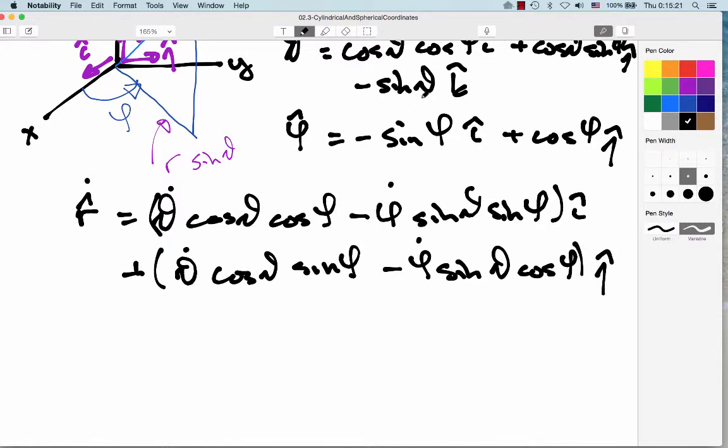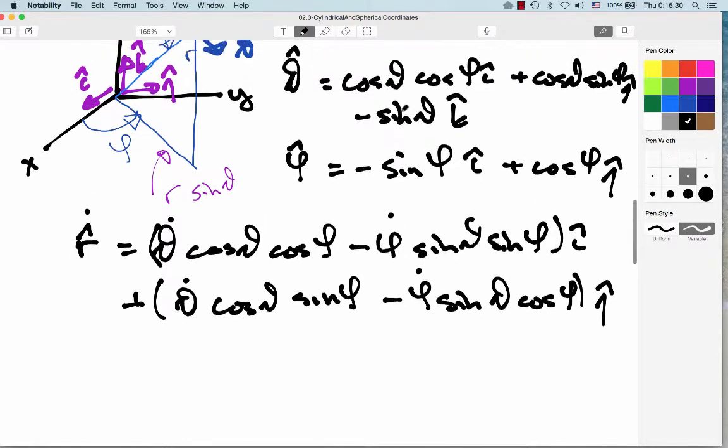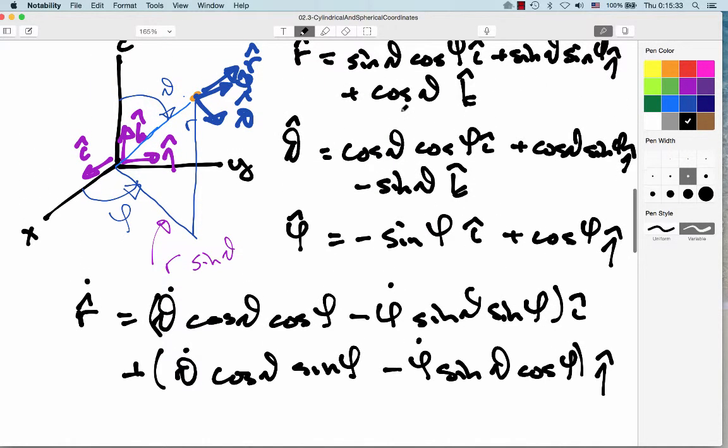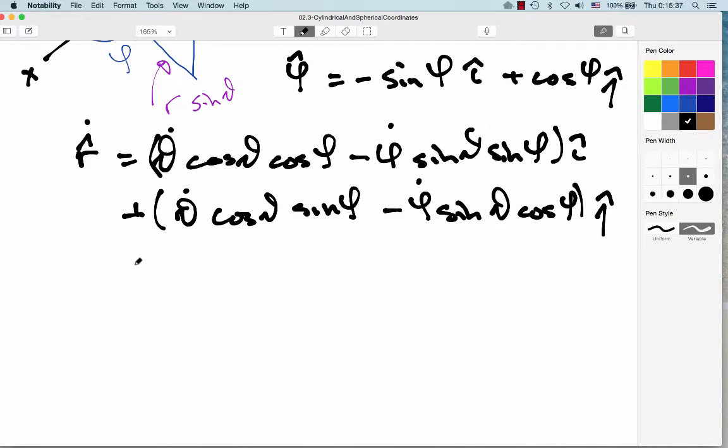Then lastly here, derivative of sine is cosine, and the derivative of cosine is minus the sine. So we're left with minus theta dot sine theta k hat. Okay. Well, three of these terms all have a theta dot in front. Two of these terms have a phi dot in front. So let's pull them out separately.